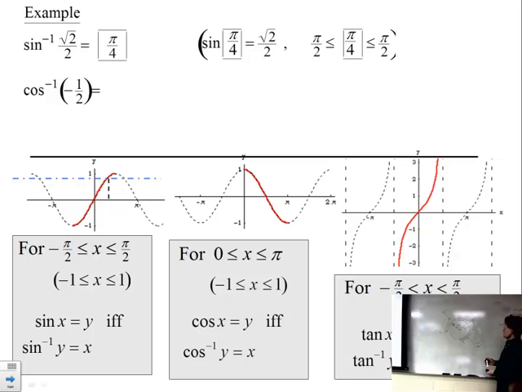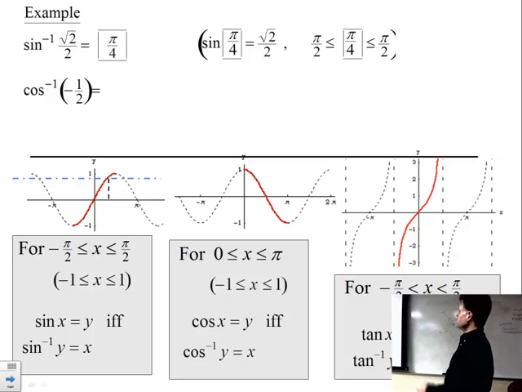And on the unit circle, what's the cosine? Which coordinate is the cosine of the angle? It's the x-coordinate. So notice that for any x-coordinate, there's going to be exactly one angle in this interval that gives you that x-coordinate. That's why we choose it. So what's the cosine of negative half?